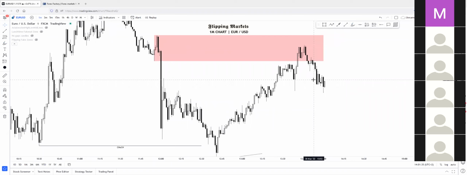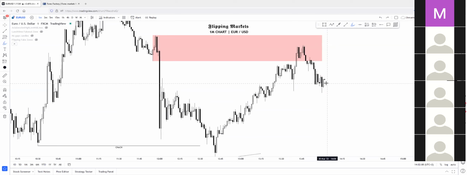If a change of character happens, a zone will be formed. So the change of character has been caused by a zone, and you can't rely on that zone. Basically the change of character is fake. If price creates a change of character here, and that change of character has been created by a fake zone, that zone will be broken. So a change of character will happen to the upside too, and this change of character will be considered fake.